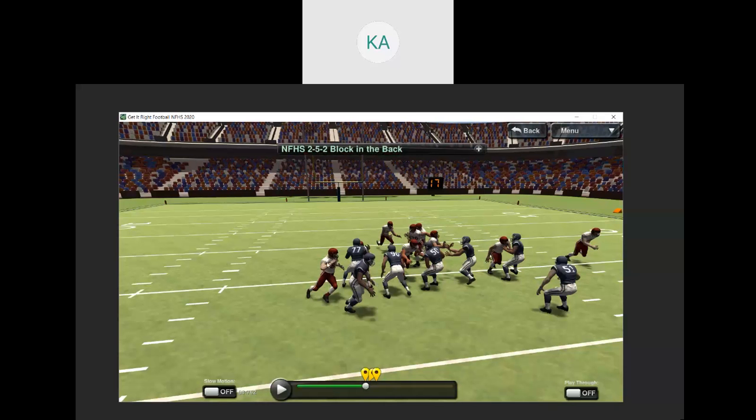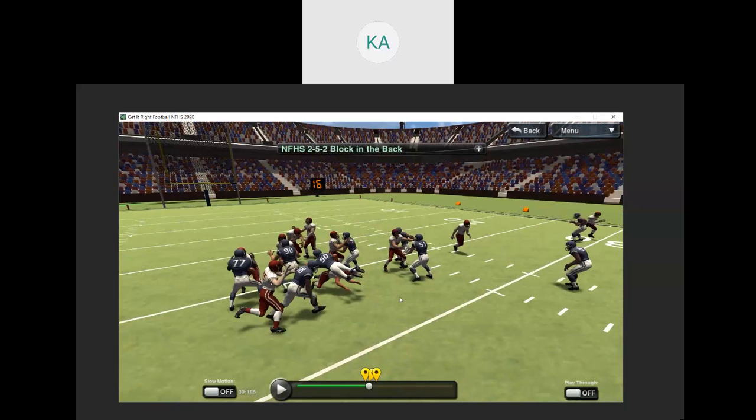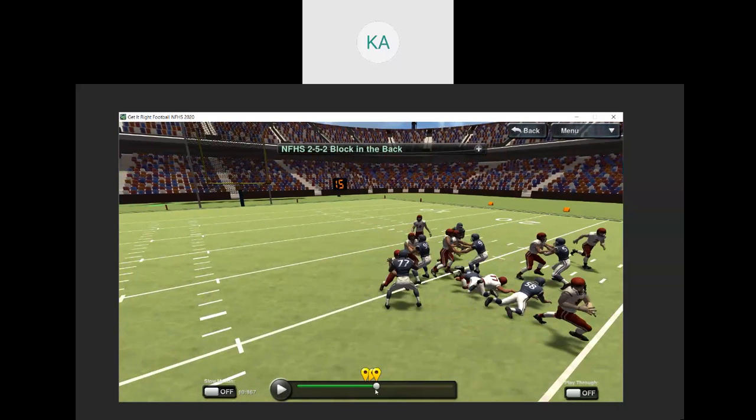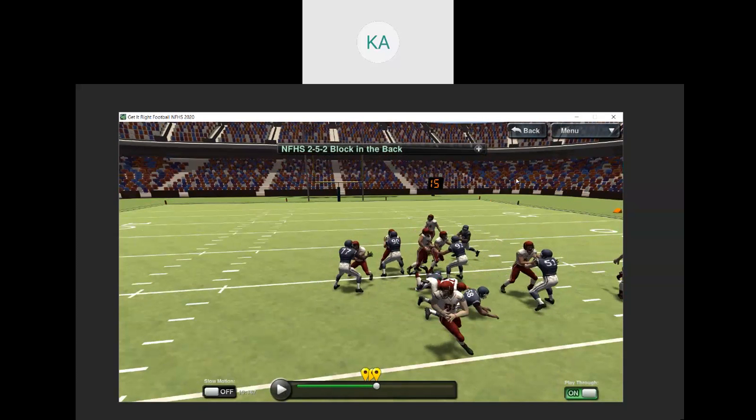And what we're going to see here is this guy coming around. He's making that initial contact right there, pushing him in the back. Putting on playthrough. He's coming out and doing that.